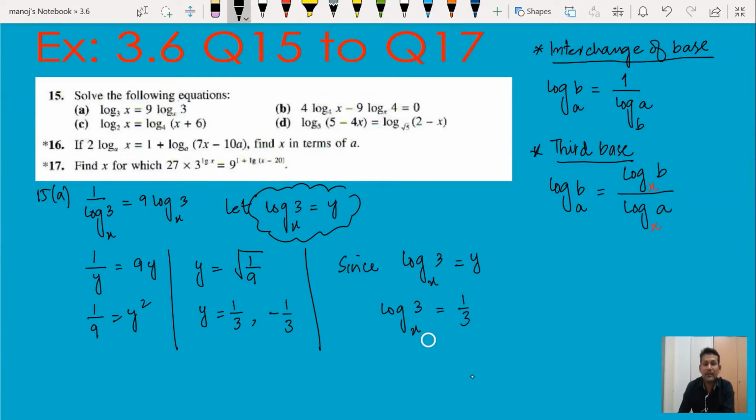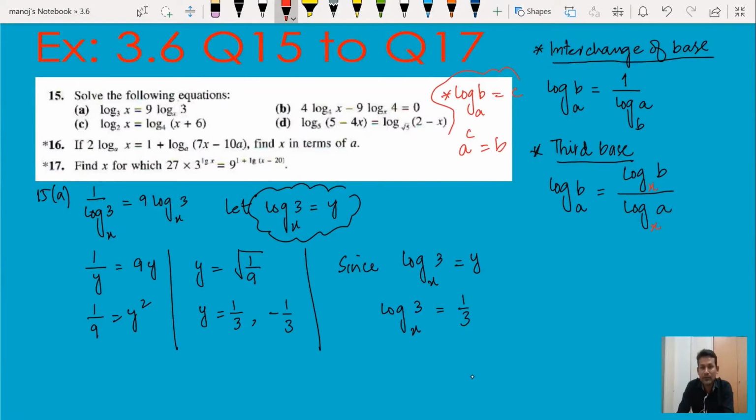Okay, let's see what we do here. Remember, when we convert log a b equals c, a remains the base and this becomes a to the power c equals b.